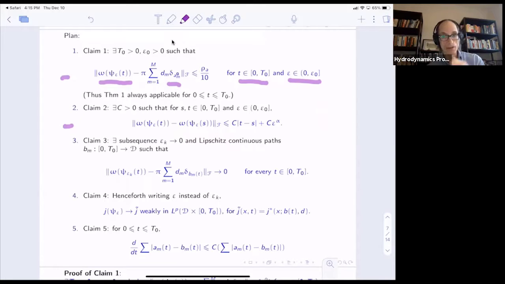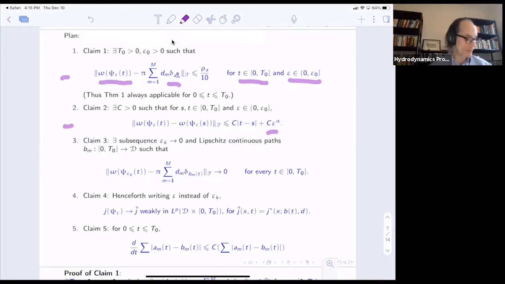I have a Lipschitz continuity estimate which is uniform in epsilon, again up to these small errors, epsilon to the alpha errors, which are negligible as epsilon goes to 0. So this is a sequence of functions indexed by epsilon, from time into some space of measures. These functions are equicontinuous, modulo vanishing errors, in a certain weak topology.